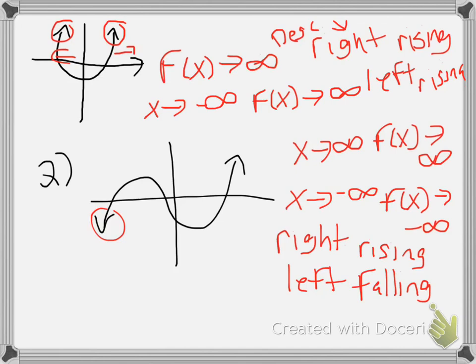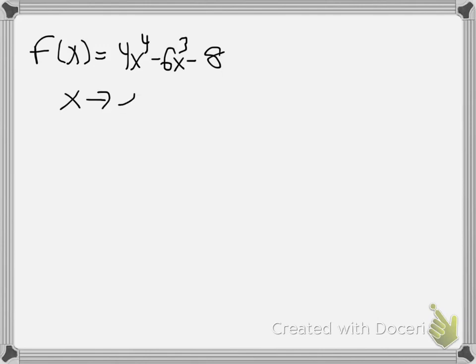All right. And then let's look at page 2 of your notes. Let's take a look at number 6 first. You have f of x equals 4x to the 4th minus 6x cubed minus 8. Well, as x approaches infinity, what does f of x do?